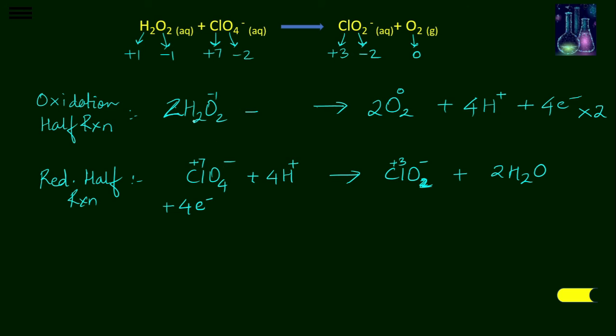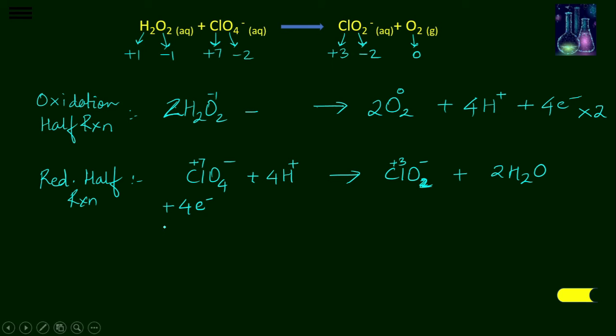Now see the balancing: 2 hydrogen, 2 oxygen, 2 oxygen, 4 hydrogen, 2, 2, and 4 electrons. Here you have ClO4, 1 Cl, 1 Cl, 4 oxygen, 2 plus 2, 4 oxygen, 4 H plus and 4 H plus, and your 4 electrons.